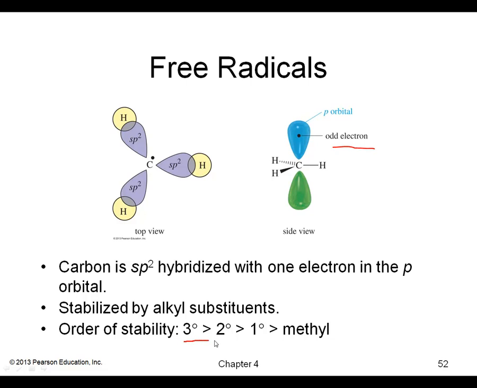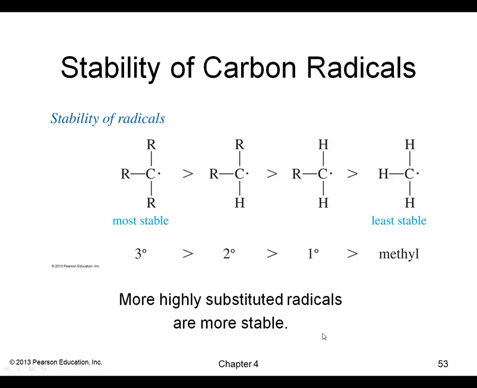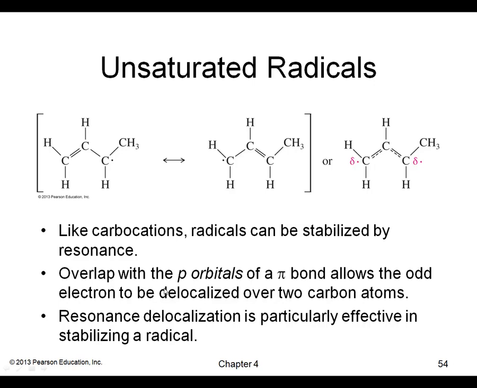And again, the stability order of radicals is right here. The stability of them is shown here again in greater detail. Okay, again, we won't deal with radicals just yet.